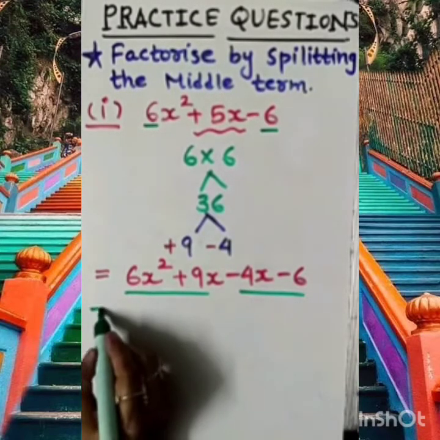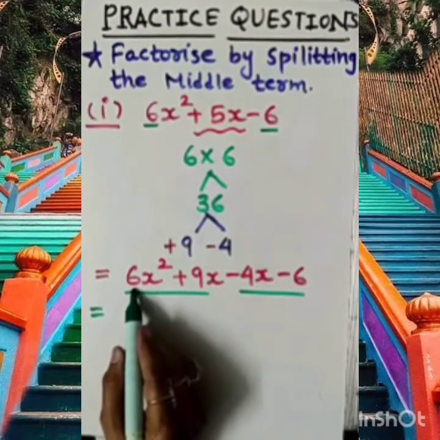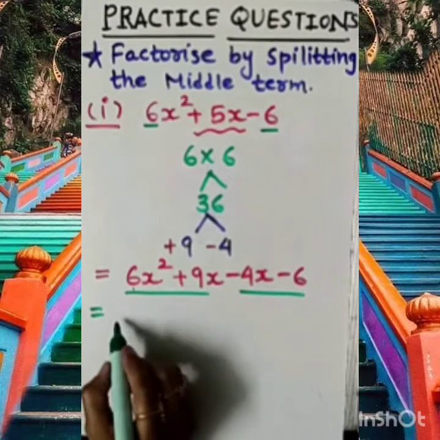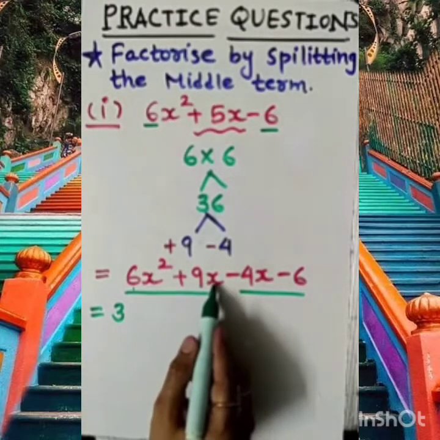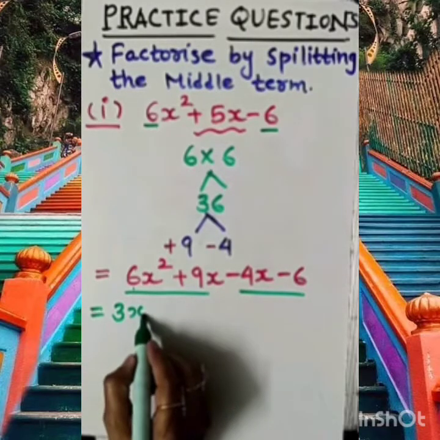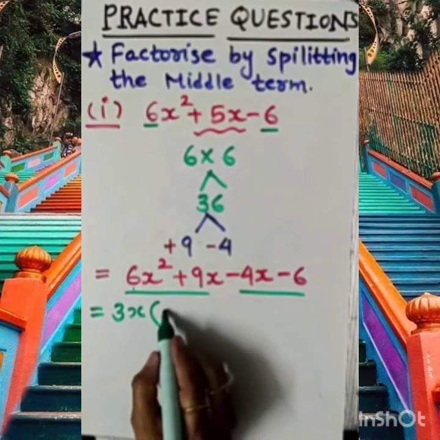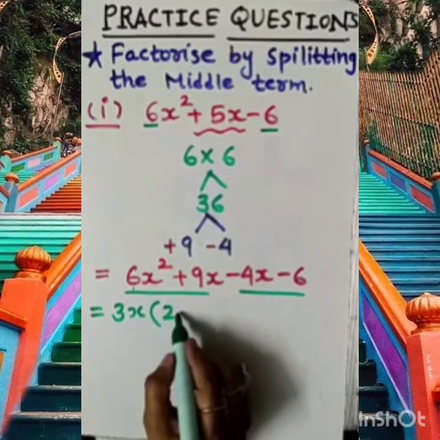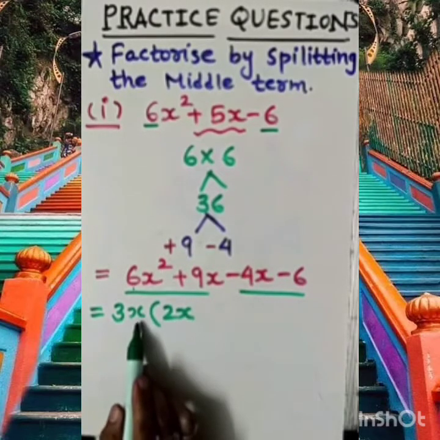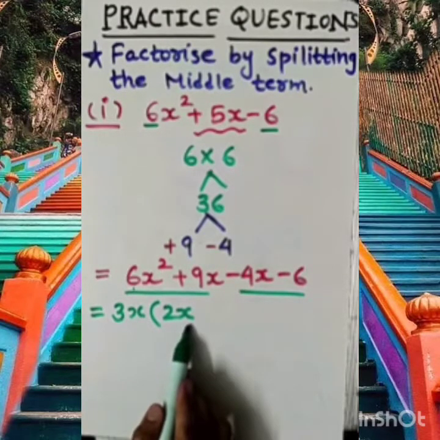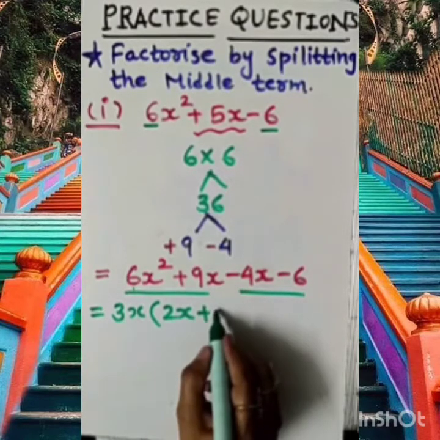From the first pair we can take out 3 as common, because 3 is a common factor of 6 and 9. What about x square and x? We take x common. So what is left inside? 3 twos are 6, so 2x, 2 will be left, and x will be there, because x square is x times x, so another x will be inside, and plus 3 threes are 9, so here it will be 3.